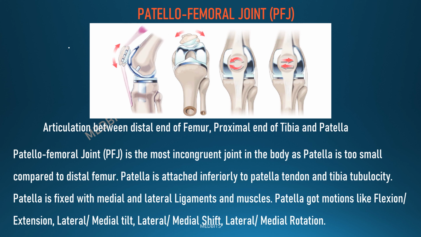Patella is attached inferiorly to the patellar tendon and tibial tuberosity. Patella is fixed with medial and lateral ligaments and muscles. Patella has motions like flexion, extension, lateral or medial tilt, lateral and medial shift, and lateral and medial rotation.